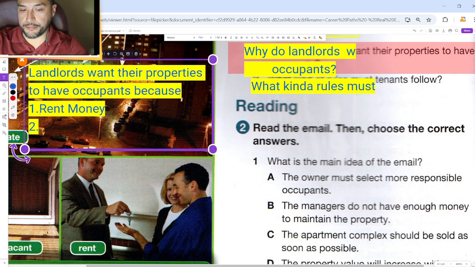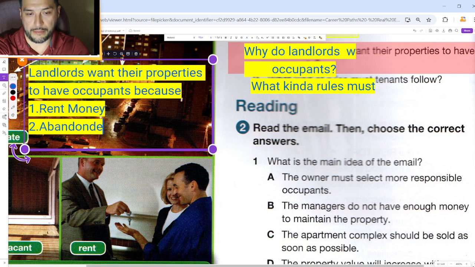Number 2, I hear people say it's not good for the places to be abandoned. Or they need to be in use.